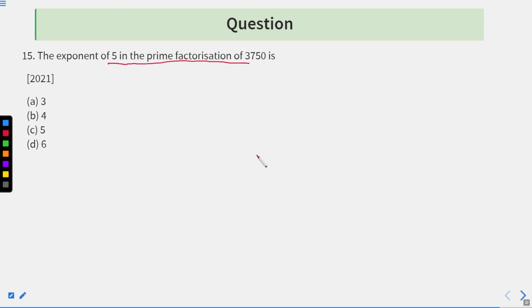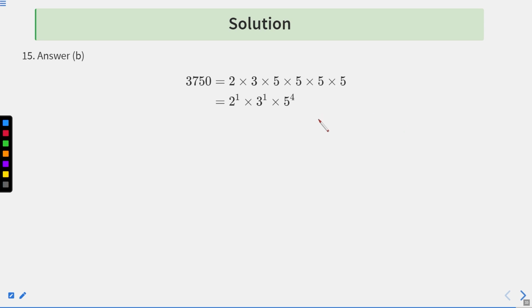First we have to factorize 3750 and then we can see the exponent of 5. 3750 is equal to 2 times 3 times 5 times 5 times 5 times 5. You can check it.